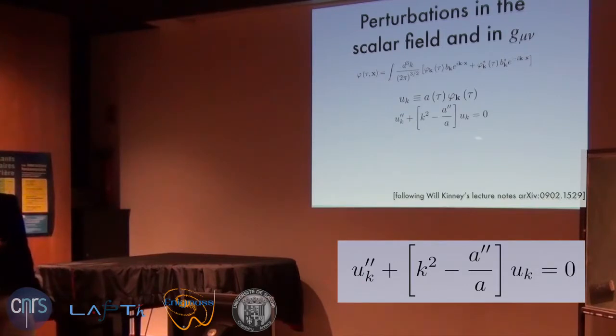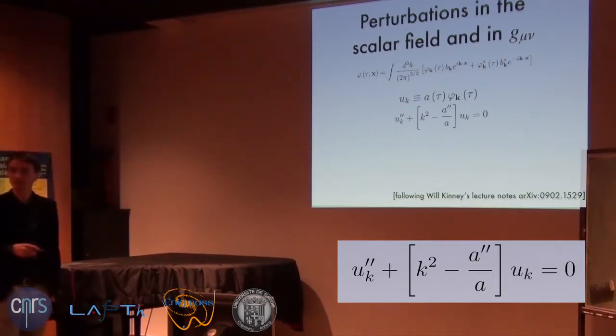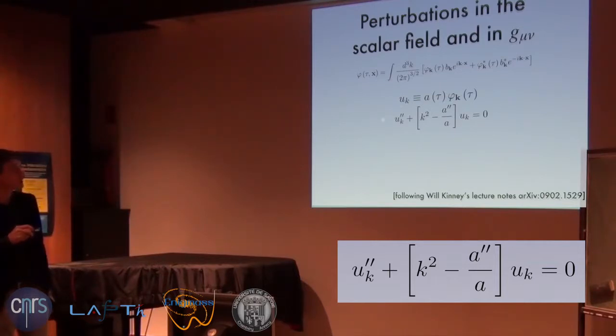Then it satisfies this equation of motion, if you take the actual equations of motion that I showed previously. So we take the homogeneous part and we look at the first order perturbation in the scalar field. This is the equation of motion for the tensor perturbations. And for the scalar perturbations it looks very much like this, except that the Hubble term will have a slightly different shape.